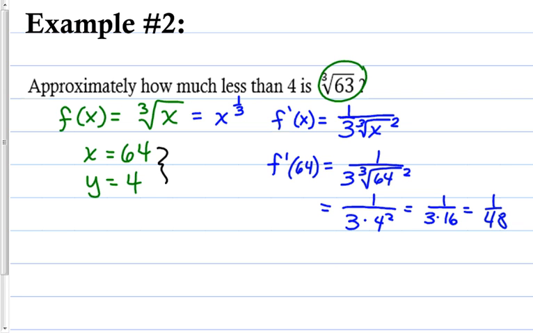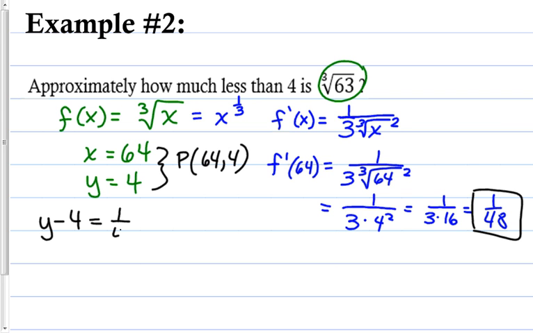If you didn't notice, this makes the point (64, 4). So I have a point and I have my slope, so I can actually write the equation. So y minus 4 equals 1 over 48 times (x minus 64). So here's my tangent line.